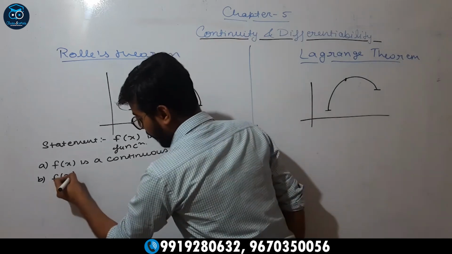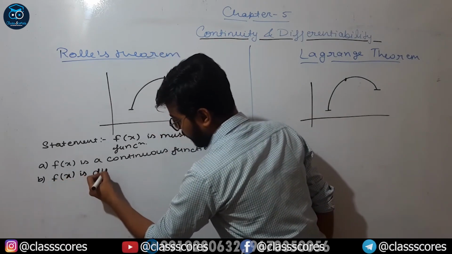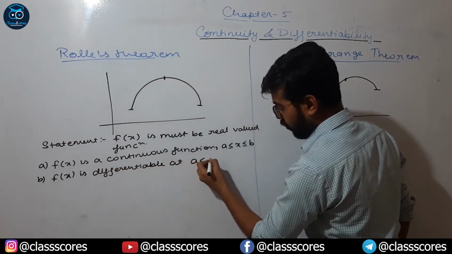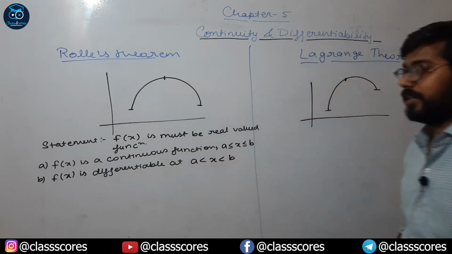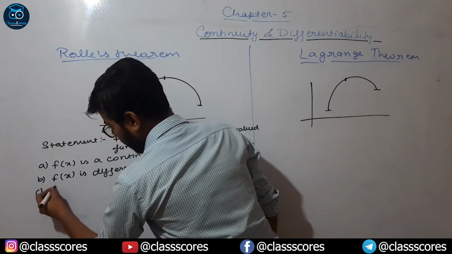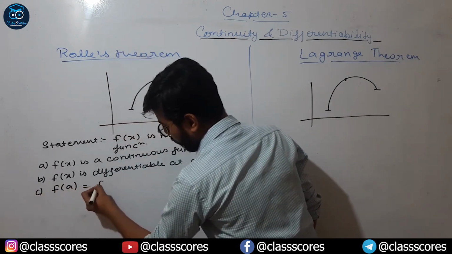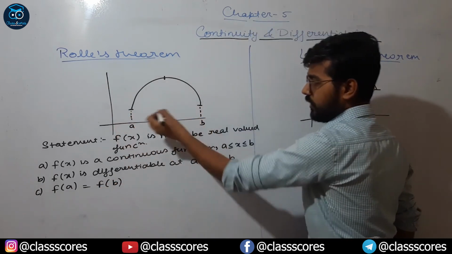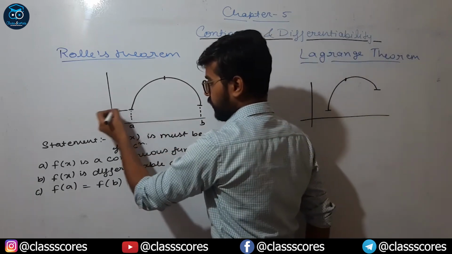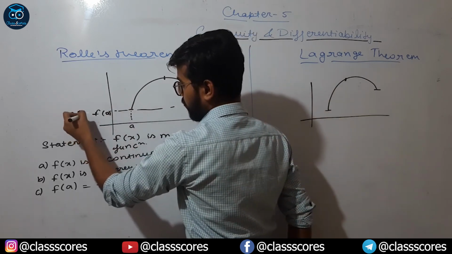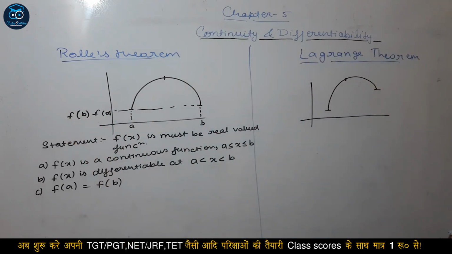Now f of x is differentiable in the open interval a to b. f of x should always be differentiable. Then the third point, f of a is always equal to f of b. Suppose this is point a, this is point b, so here it shows f of a and here it also shows f of b. If both f of a and f of b are equal, then only Rolle's theorem can be verified.